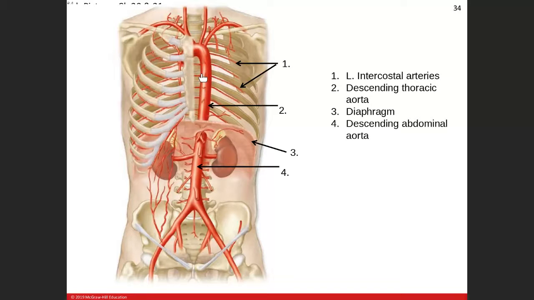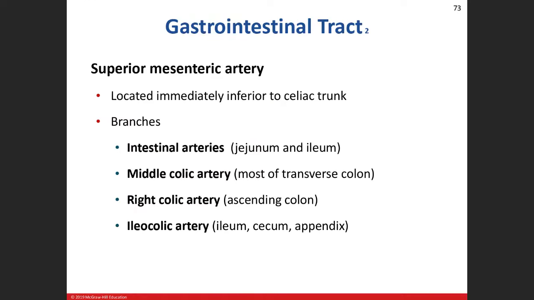Those cut arteries are the esophageal arteries and the bronchial arteries. You just can't tell where they're going to, because I can't tell you unless I see whether it's going to a specific structure. There are tons of little branches that come off of the descending thoracic aorta and the descending abdominal aorta.